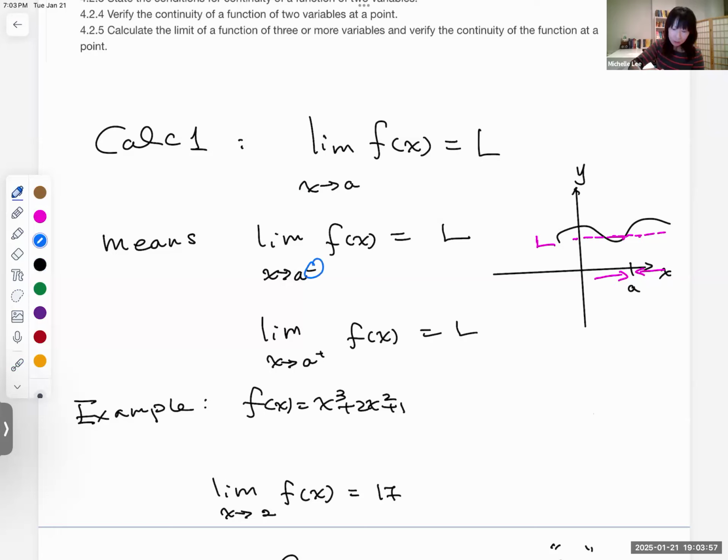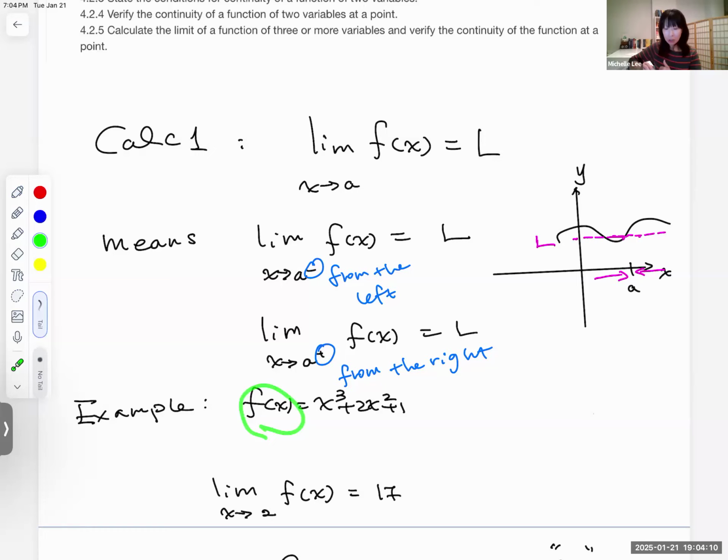We know that, right? From the left, from the right. Okay, so for example, we have a polynomial function. We knew that from the left and from the right it is the same value.